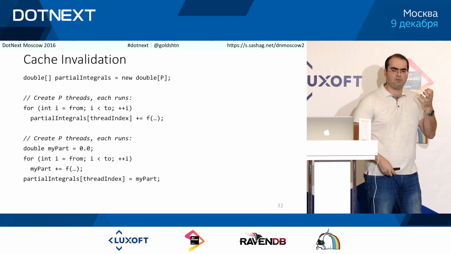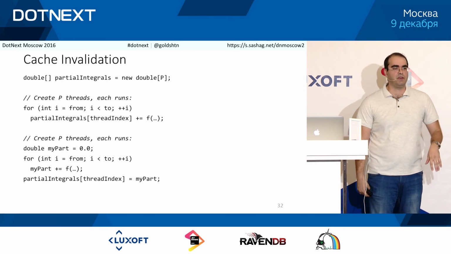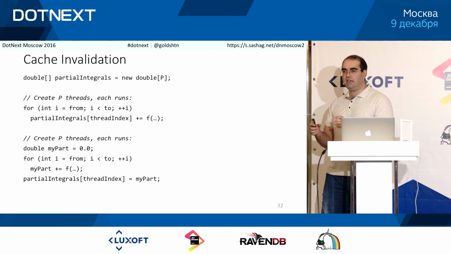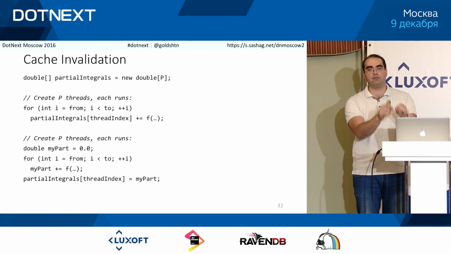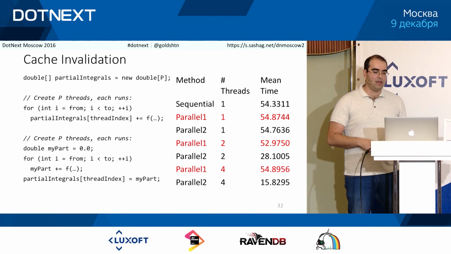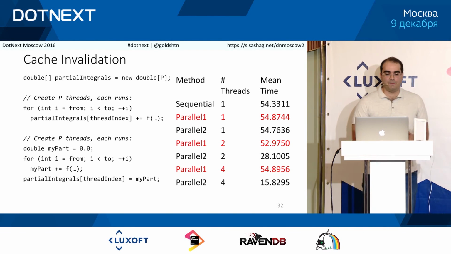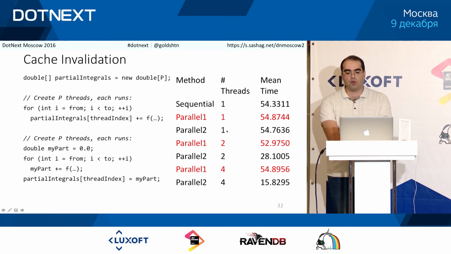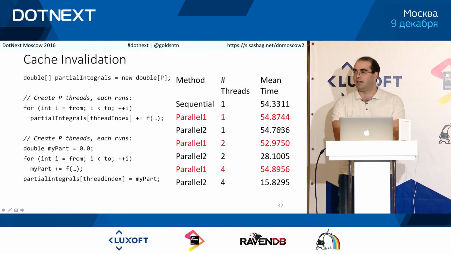So again, the operation, the fact I'm integrating something, is entirely unimportant here. What's important is if I'm constantly writing to that shared array, or if I do the write to the shared array only once. And the results are pretty stunning. When you have just one thread, parallelizing or not, and parallelizing in both ways takes about the same time.